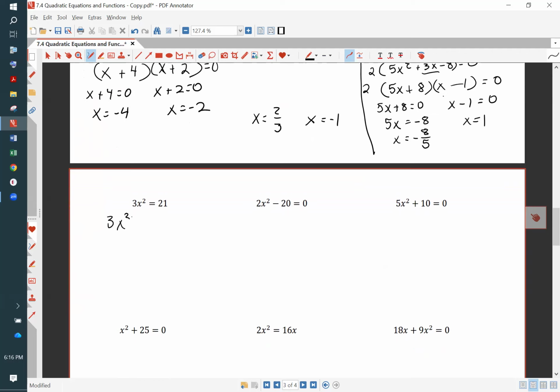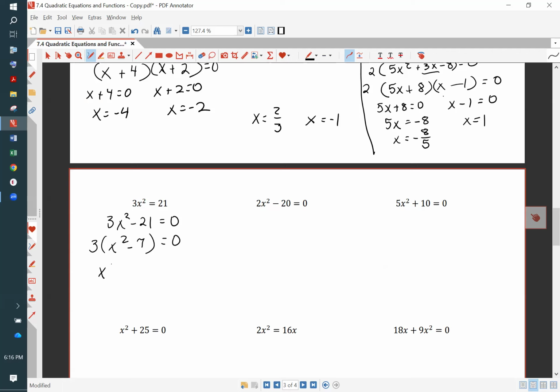And this is where we're going to use that principle of square roots above on the first page. x squared minus 7 equals 0 gives us x squared equals 7. And that principle of zero product says that then x equals the square root of 7, or x equals minus the square root of 7.